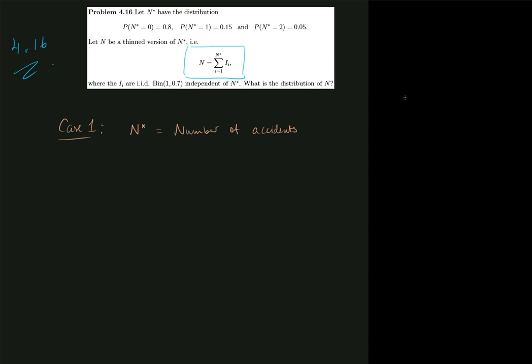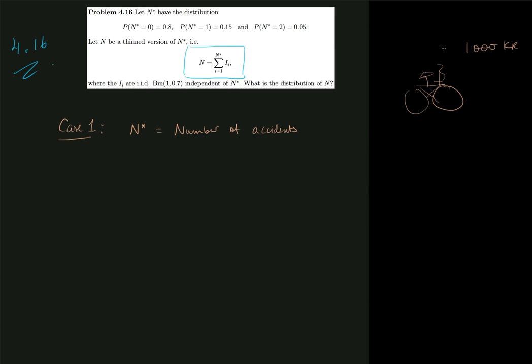If you buy a bike insurance, then maybe there is a deductible of 1,000 kroners, right?